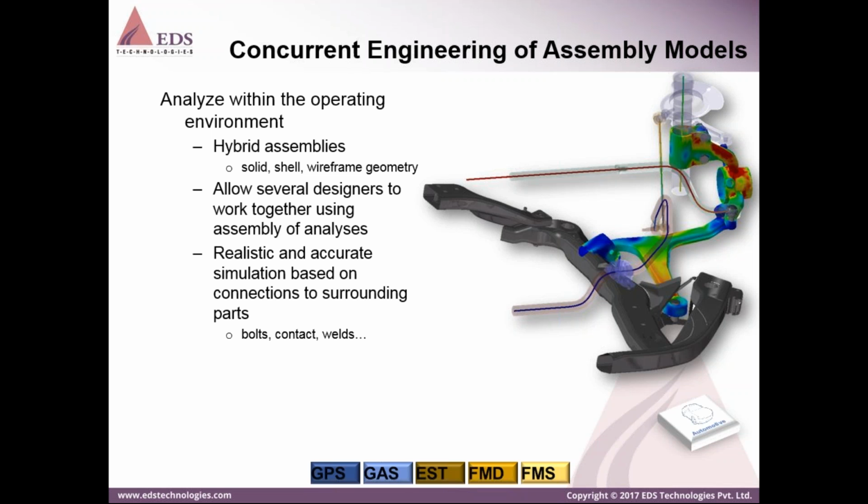So that will be concurrent or simultaneous engineering, which reduces time very drastically. Along with that, realistic and accurate simulation based on connections to surrounding parts. There can be bolt elements, contacts, welds, so those are also possible.